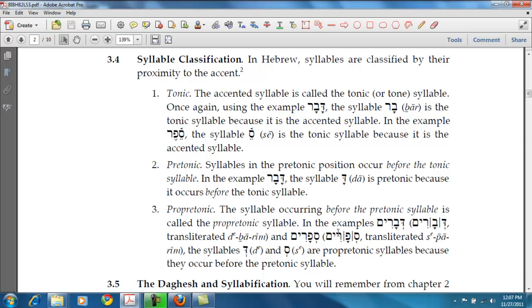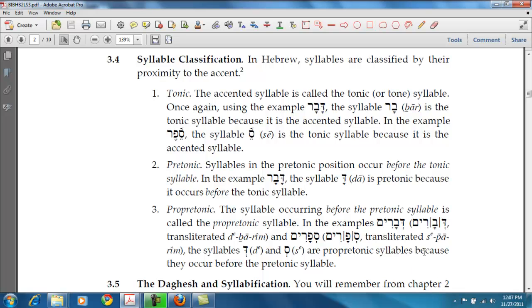For example, sefer is what they call a segolate noun. The accent's on the first syllable. But once it leaves the singular and goes into the plural, the accent shifts down to the far end, like normal Hebrew words. That's the reason why the se is the propretonic syllable, because it occurs before the pretonic syllable.